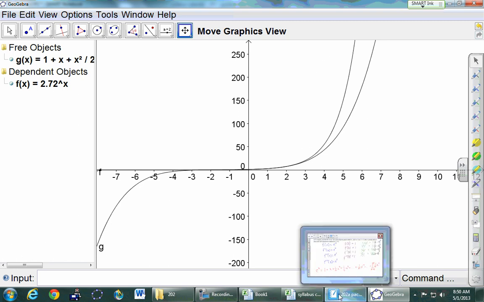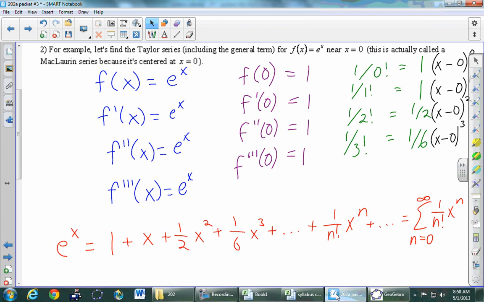Does this get harder to do if you're not centered at 0? Harder to do if you're not centered at 0. Why do you say that? When you say the terms aren't going to cancel nicely, what do you mean? Like the a sub whatever. Yeah. So I think that the only change, if we were centered someplace else, like at x equals 2, these guys would all become 2's.